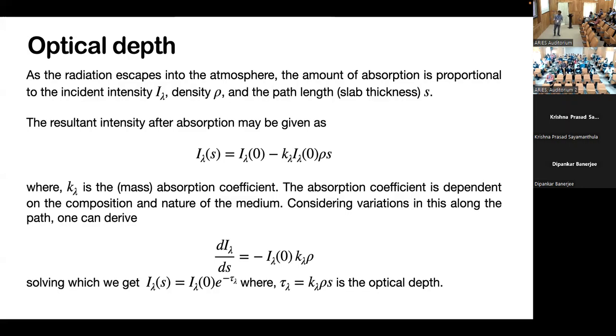As you can see, the absorption coefficient depends on the composition and the nature of the medium. Now, considering variations along the path, I lambda S is the intensity at the region where you want to measure, and this is the initial value, minus K lambda I lambda rho S. Intuitively, you can understand why.